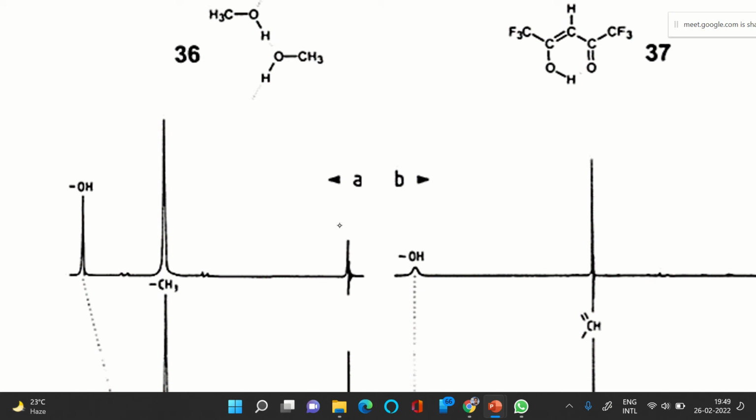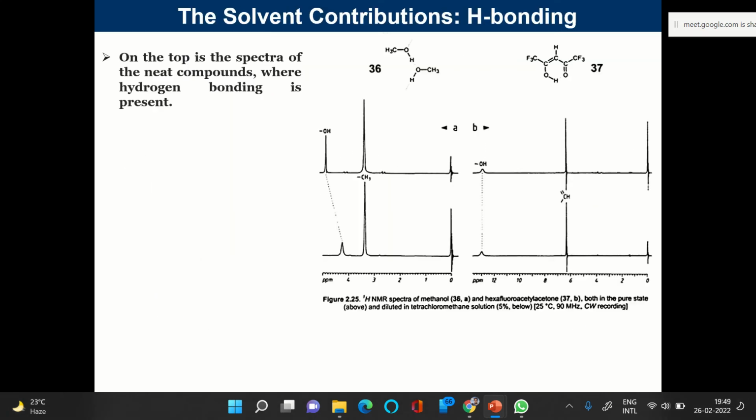So the top panels were both in pure form, and this was the dilute solution for both compounds in CCl4, where you saw one change.